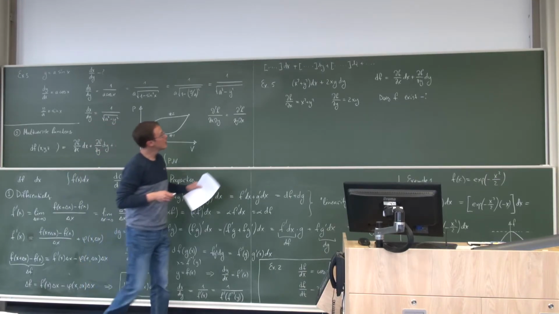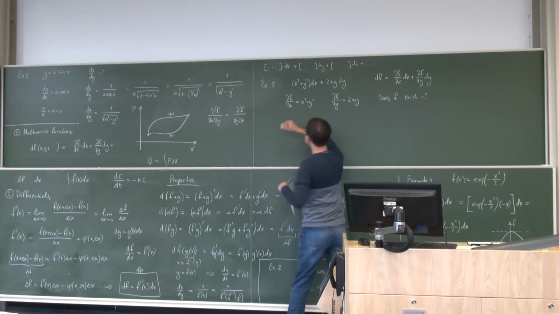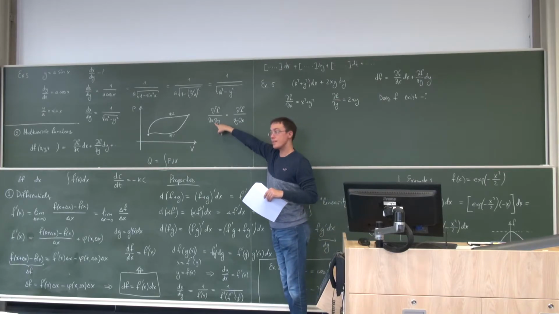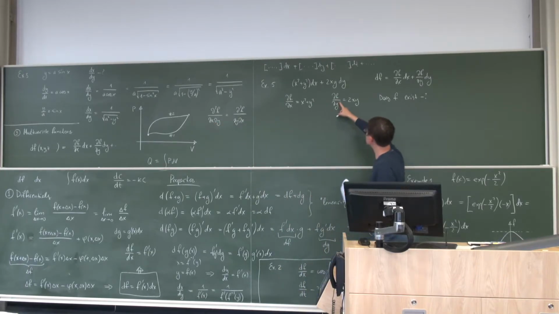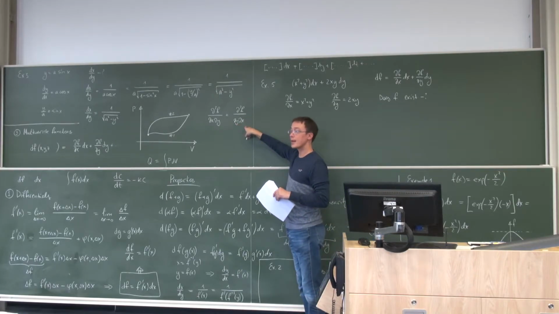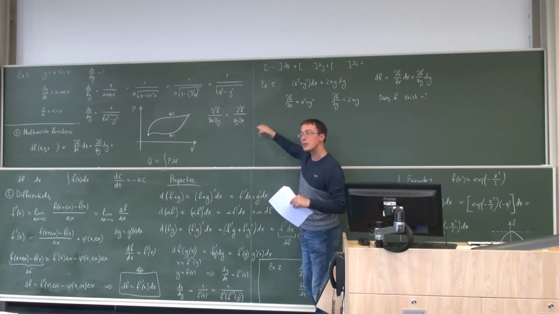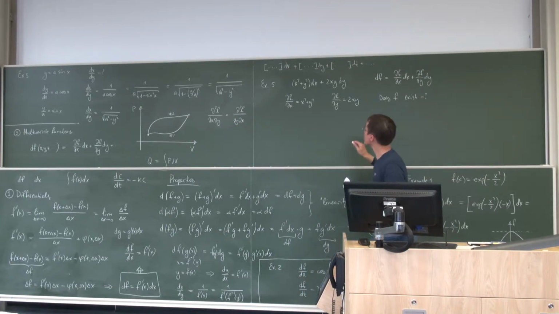All right, but this is our df by dx. So if we differentiate this with respect to y, we will get d2f by dx dy. And if we differentiate this with respect to x, we ought to get d2f by dy dx. If the function exists, these two things must be equal. Why don't we check?